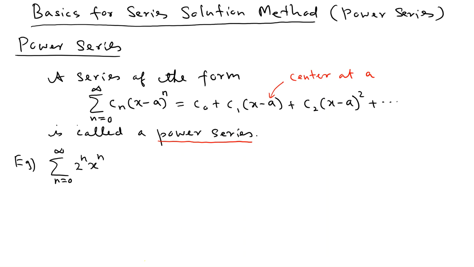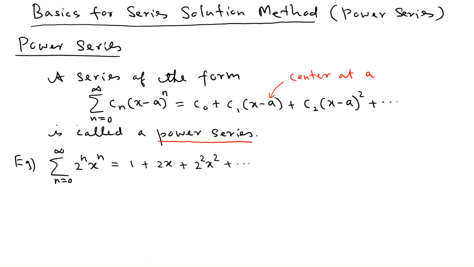If you look at a few terms, plugging in n equals 0 gives 2 to the 0 times x to the 0, which is 1, plus when you plug in n equals 1, you get 2x, and then 2 to the 2 times x squared.